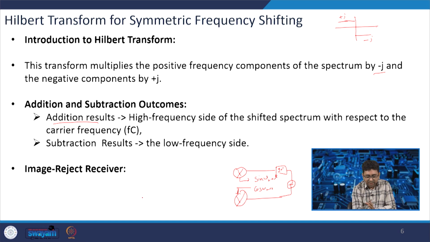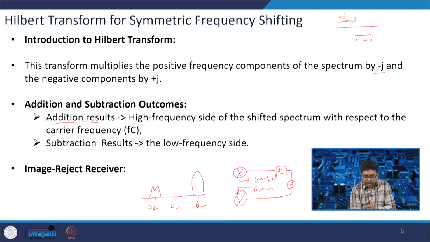We already know that in the image reject receiver, this is your omega RF, the desired frequency, and then there is omega LO, and the image will be here. That is omega IM.